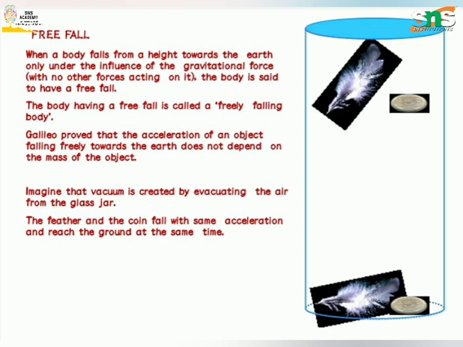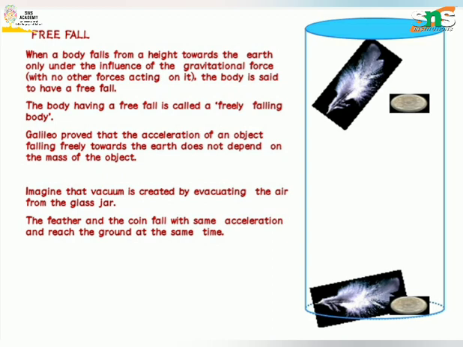Imagine a vacuum is created by evacuating all the air from a glass jar. Inside the glass jar we have a feather and a coin. We make them fall with the same acceleration, and they reach the ground at the same time.